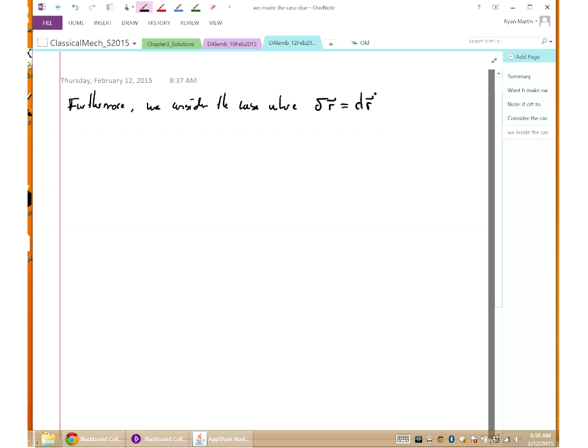We consider the case where delta R is equal to dr. So we choose a virtual displacement in the direction of the true displacement.